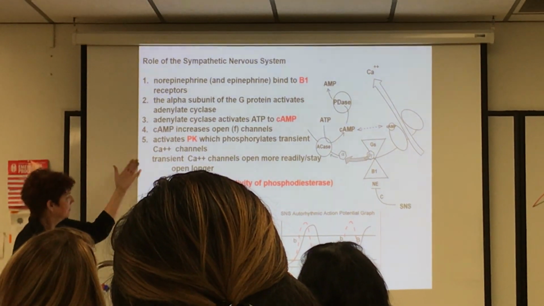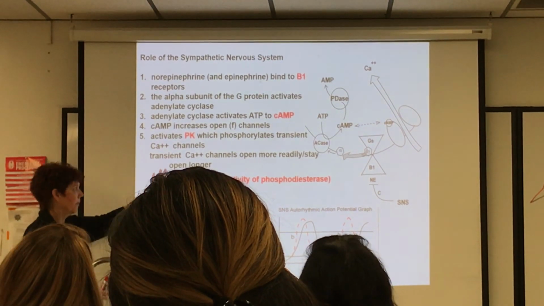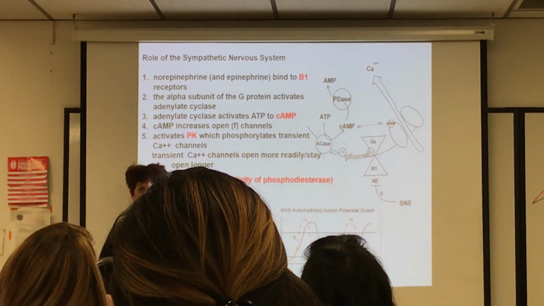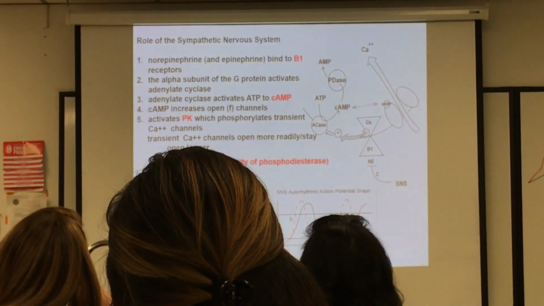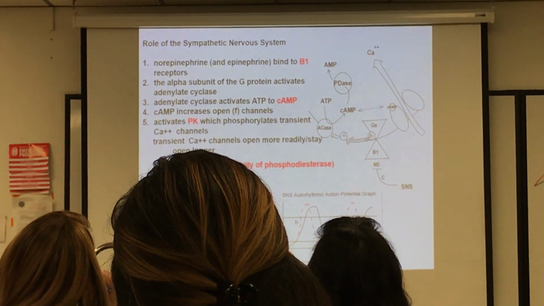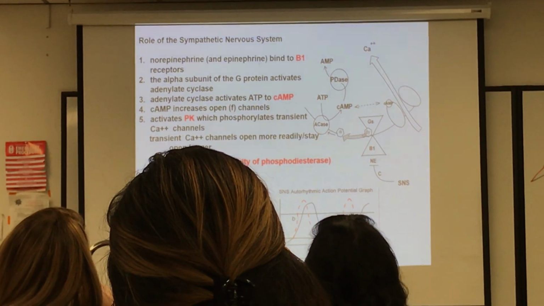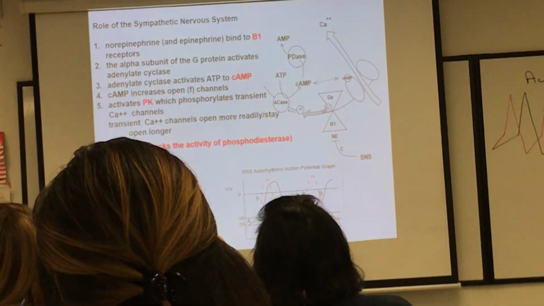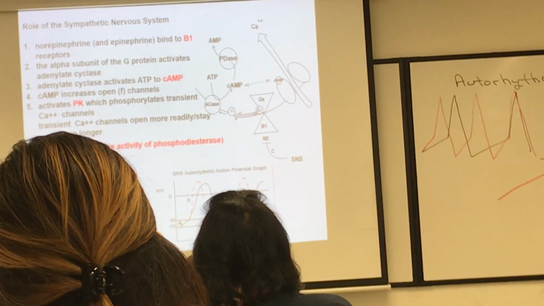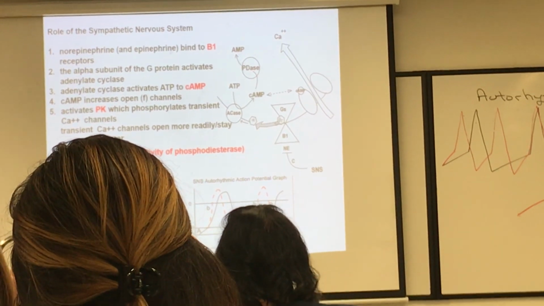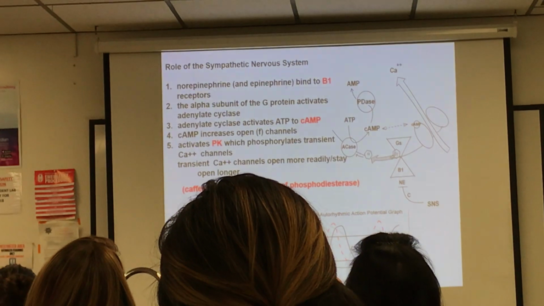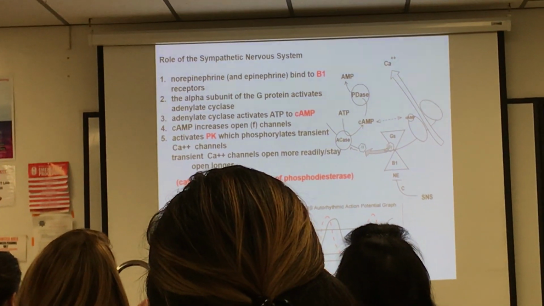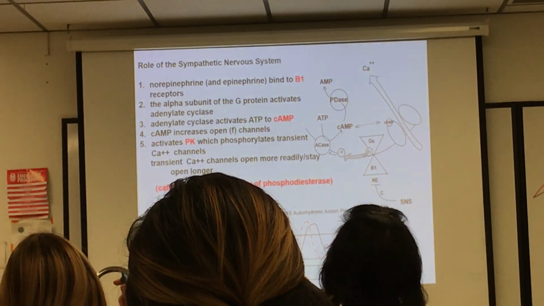Which is essentially what I wrote here. Now, remember that enzyme phosphodiesterase? What was the role of phosphodiesterase as far as cyclic AMP and cyclic GMP? It inactivated it. So if caffeine blocks the activity of phosphodiesterase, it's like a double negative, which is a positive, which means your heart rate goes up, okay? And your blood pressure can go up as a result of that as well.